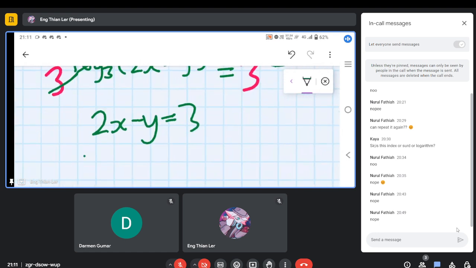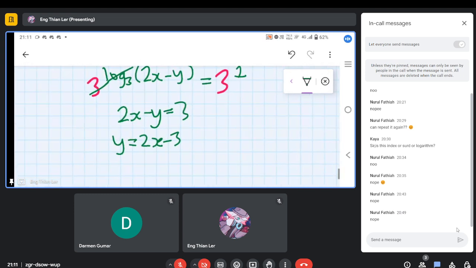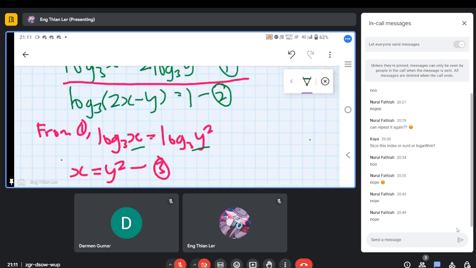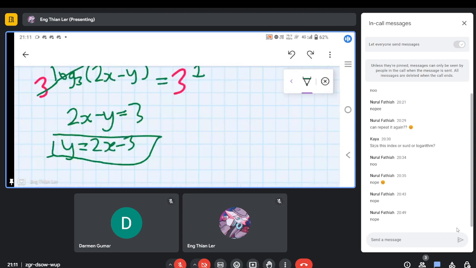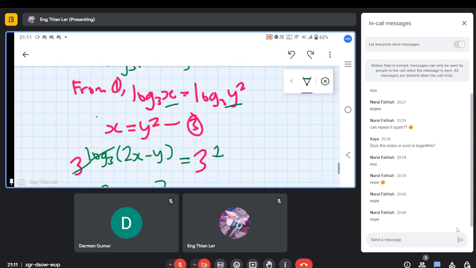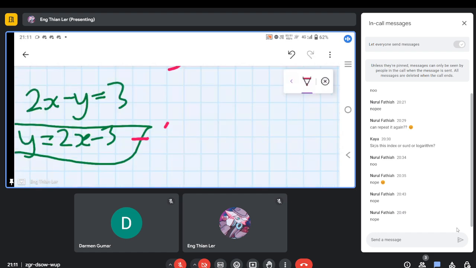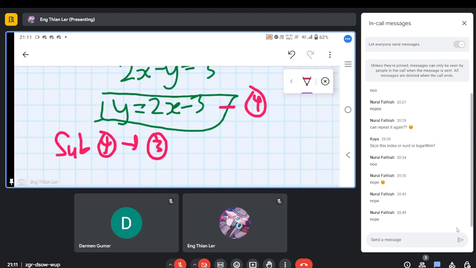From that, y equals 2x minus 3. Of course, we substitute this into that. This is equation 4, so substitute equation 4 into equation 3.